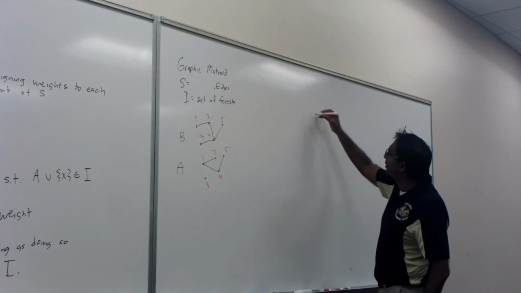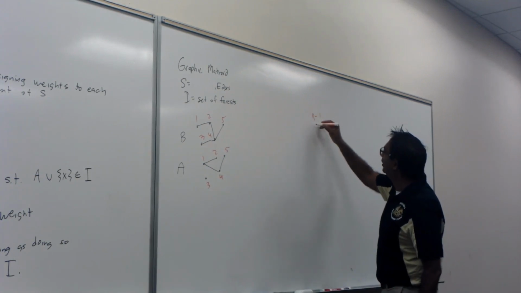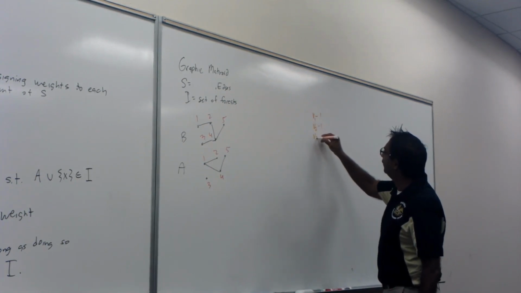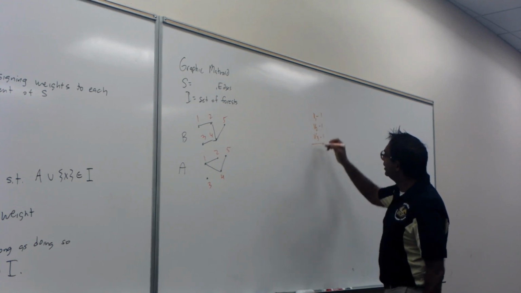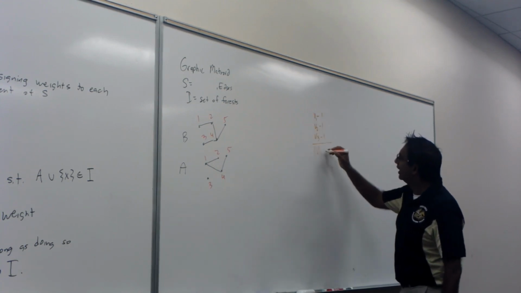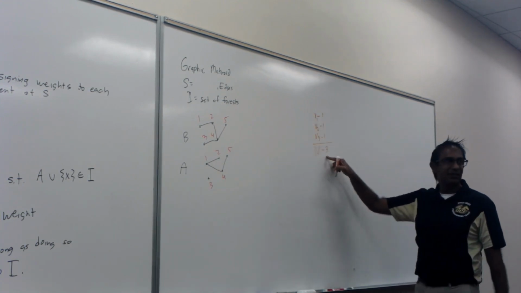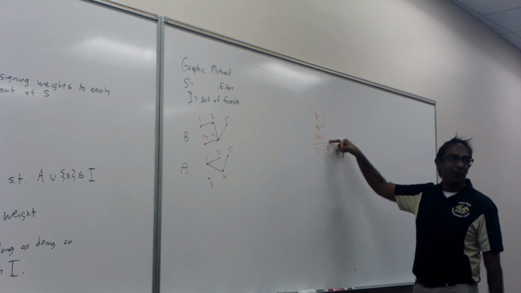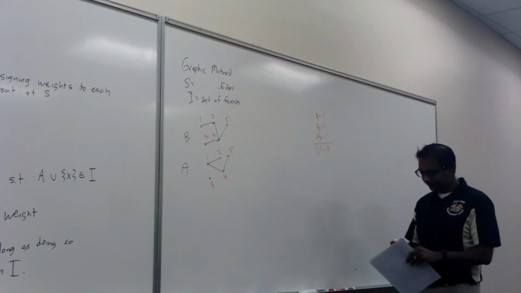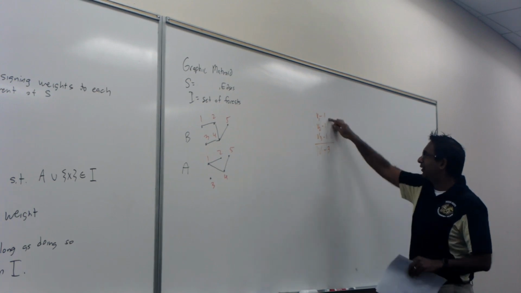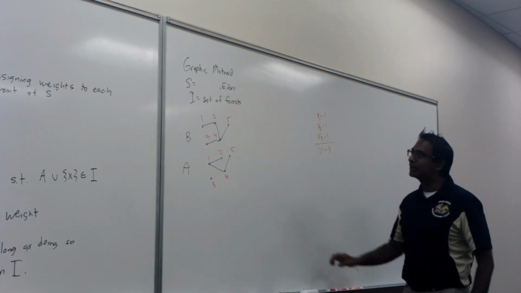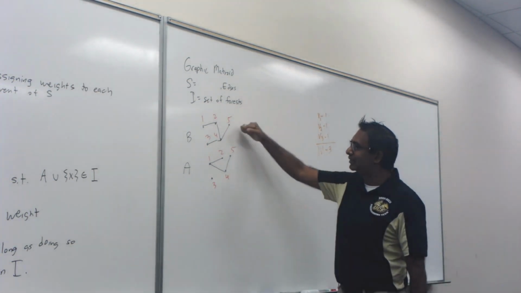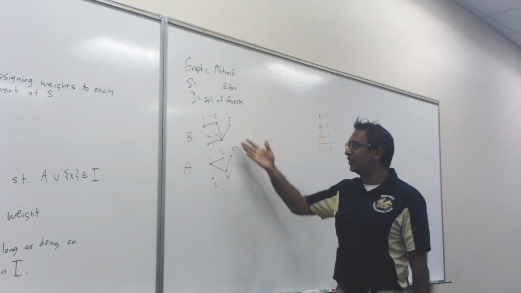So for each tree in your forest, v minus 1, v minus 1, v minus 1. So when you're done, this becomes the sum of vertices, and this is minus 3, right? And that's for the 3 trees that you've got, okay? So minus 1 for each tree, essentially. So that means that this guy has more trees than this one. It's got 2, and that one's got 1.